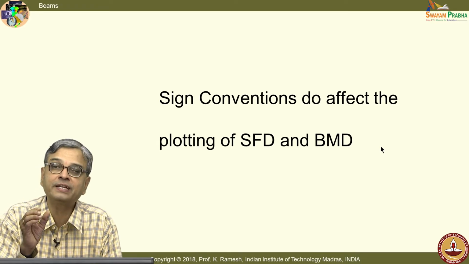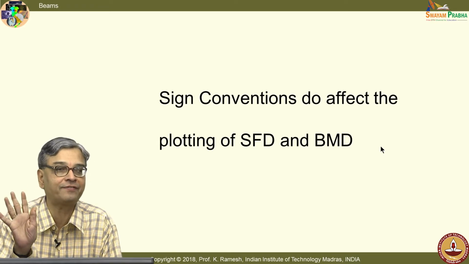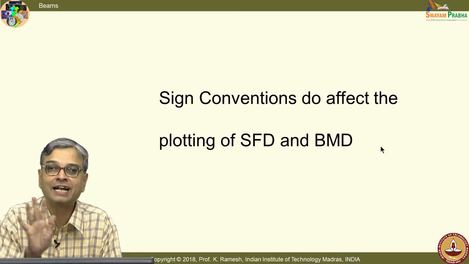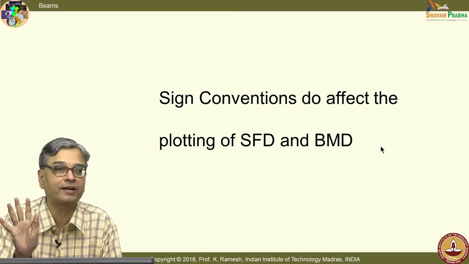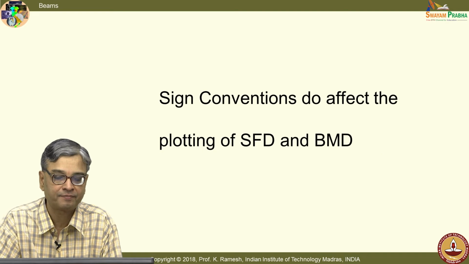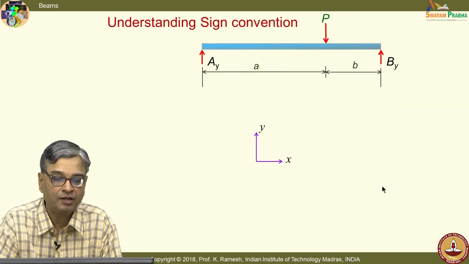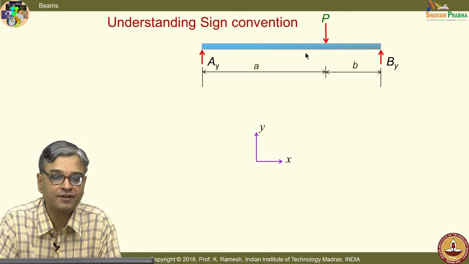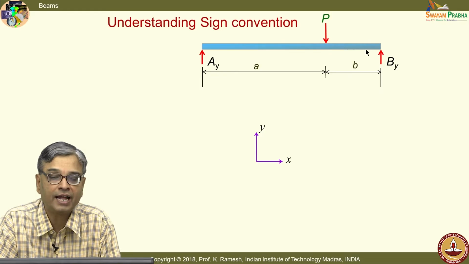But the beam experiences the same force which you have identified, there is no two opinion about it. For me to draw the SFD and BMD, I have not determined the variation for the entire length. I have to get it for the other section also.